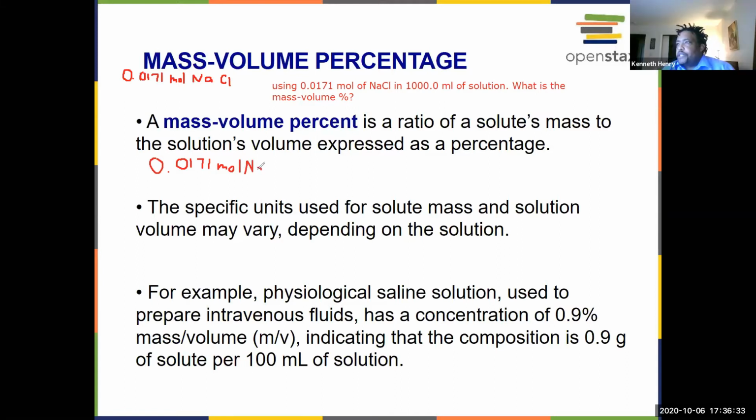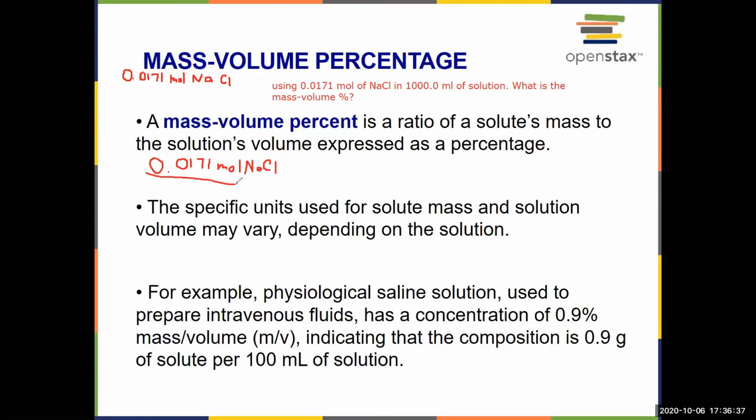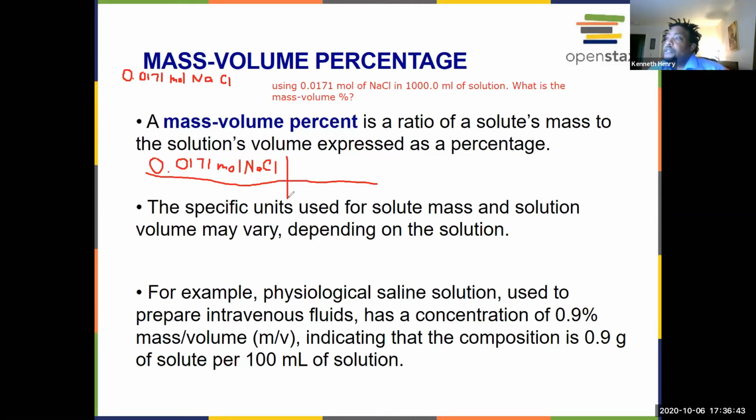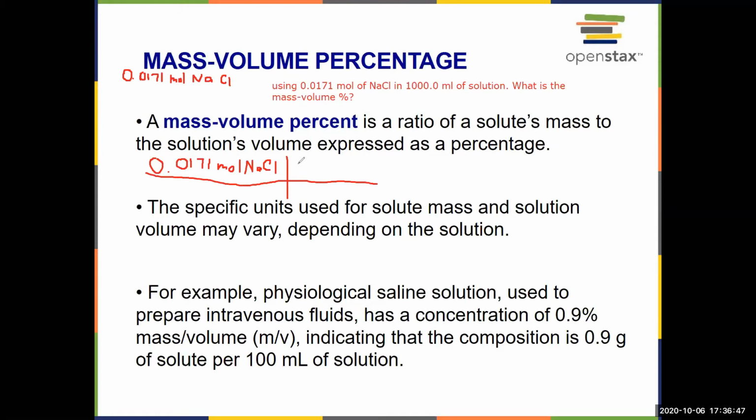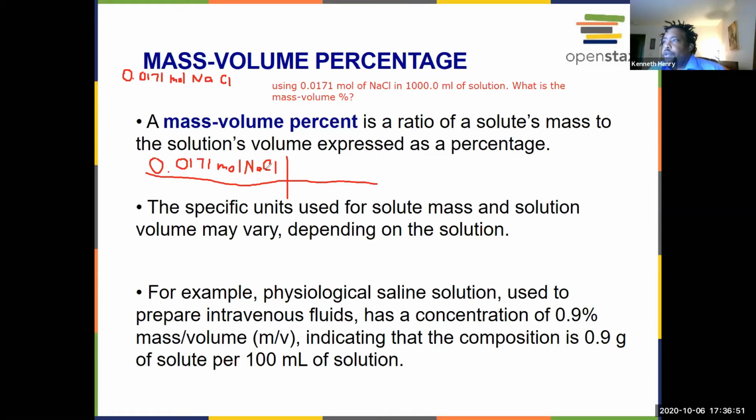And how do I convert that using molar mass? Multiply it with the molecular weight of sodium chloride. So what is the molecular weight? It's 23 plus 35. Sodium is 23, plus 35. So what is that? 58.